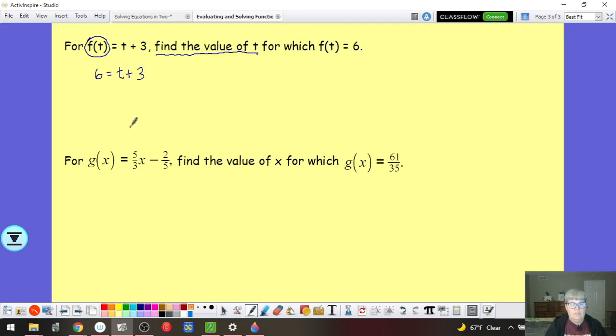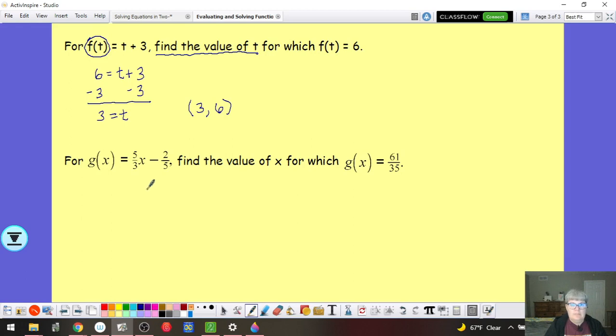So now we can solve for t. Subtract 3, subtract 3. So we have 3 equals t. That means if we were to write an ordered pair for this, it would be 3, 6. Because the function is in terms of t, like the x value, giving us the y value or the output 6.